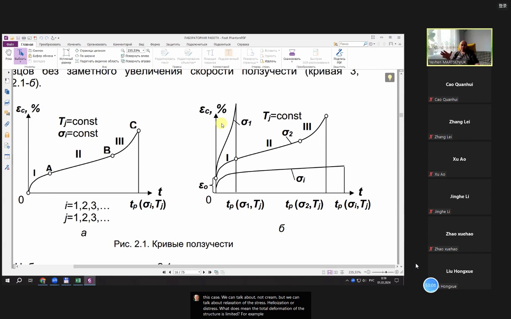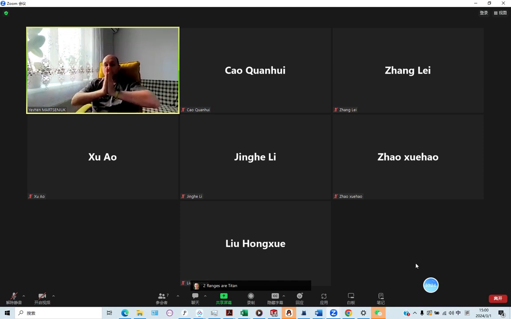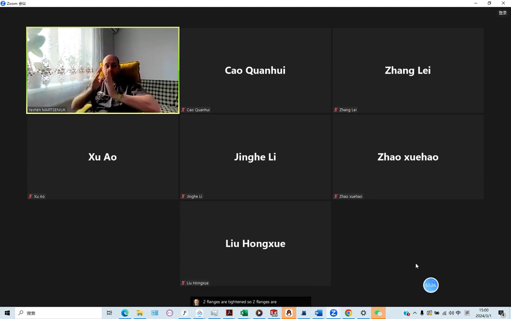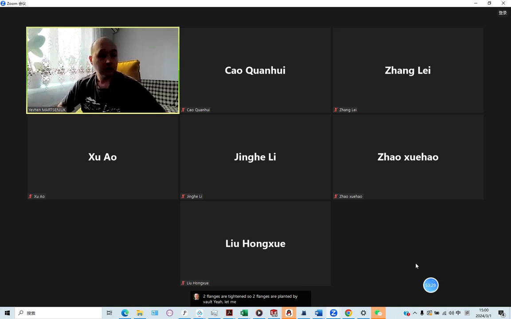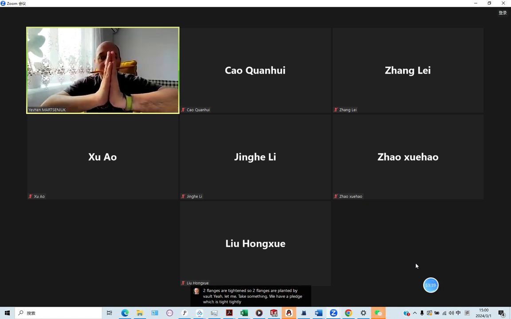For example, let's describe a flange and bolt connection. Two flanges are tightened by bolt. The bolt will be tensed due to tightening.